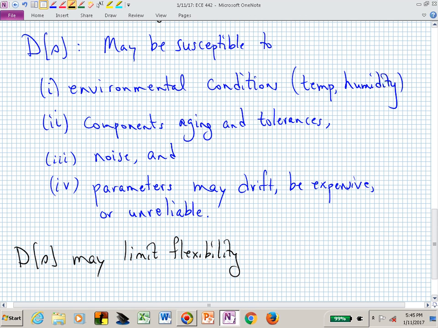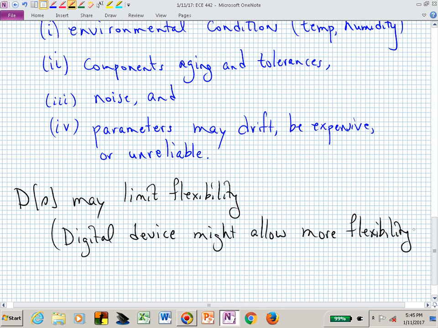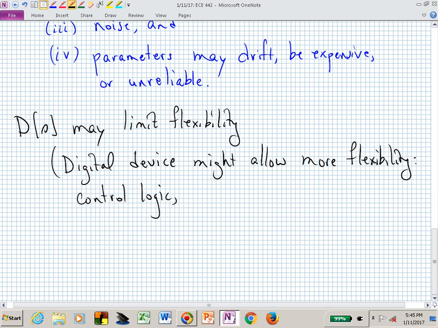And what does that maybe mean? Well, a digital device, which is what we will focus on in this class, might allow more flexibility, meaning we could potentially introduce some control logic, some if-then-else statements, for example, which aren't doable in an analog controller.